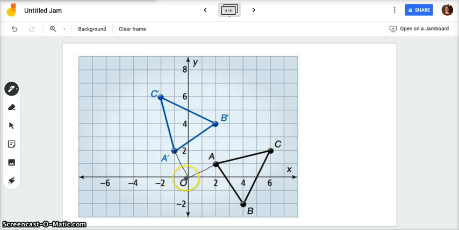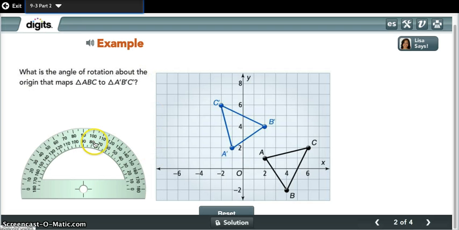So just by looking at it, this black line, the line I just drew, is the angle that we're going to be measuring. But this looks like it probably is a 90-degree rotation. But we're going to have to look with our protractor here.